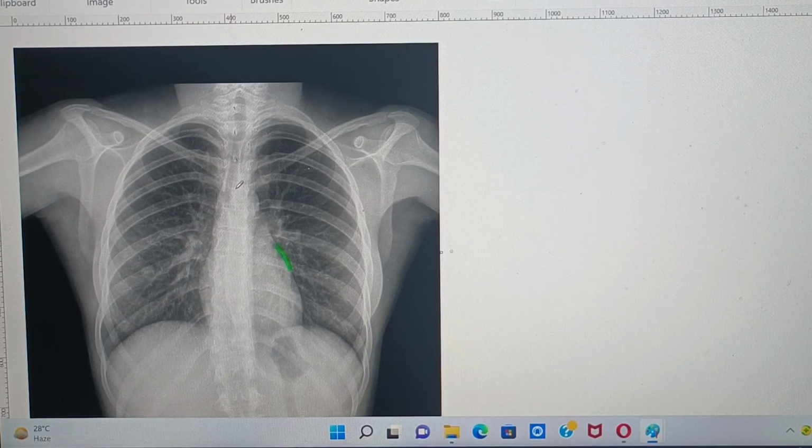This spinous process is important, and look at the medial end of the clavicle. This is the medial end of the clavicle, this is the medial end of the clavicle, and the distance from the medial end of the clavicle to the spinous process should be equal on both sides. In this X-ray, you can see there is a slight rotation because the distance on both sides is not equal.